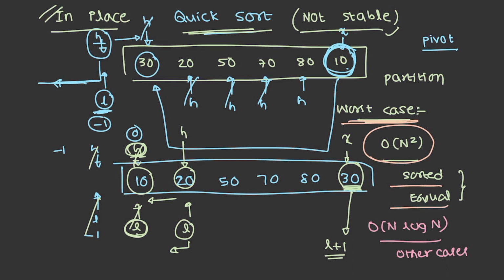It happens because it requires all the comparisons in both of these cases. If you take an ascending order array or descending order array and solve it with this approach, you will find that it behaves worse than in the normal case. So the complexity in this case turns out to be order of n square. But in all the other cases, the complexity turns out to be order of n log n.